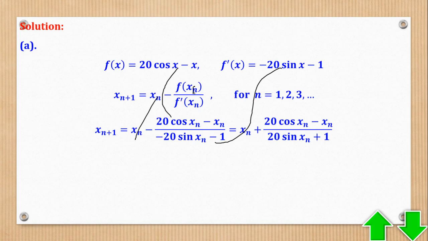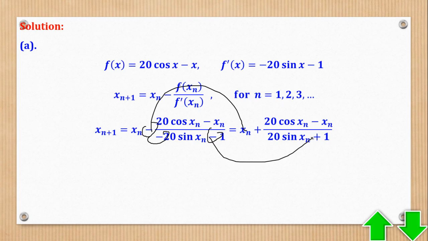But remember, there is xn, so make sure there is xn everywhere. Then this negative and this. Here, this and this can be factorized out and goes with this to become positive here and also positive here.